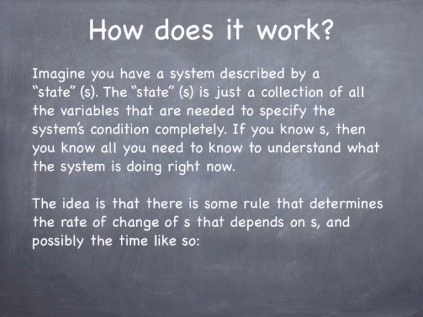But the point is there's some rule, usually derived from some law of nature like Newton's second law or something like that, that tells you how the state is going to vary in time. And it's written this way: the rate of change of the state is equal to some function of the state now and the time. Now, state S could be more than one thing. It could be positions and velocities, or it could be temperatures, or who knows what it could be, some set of those.